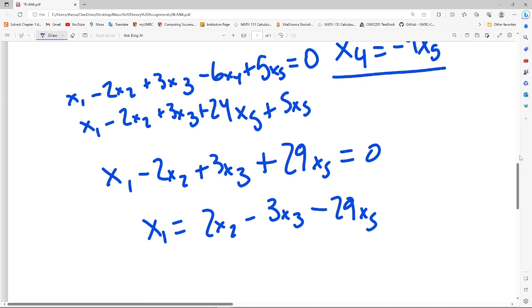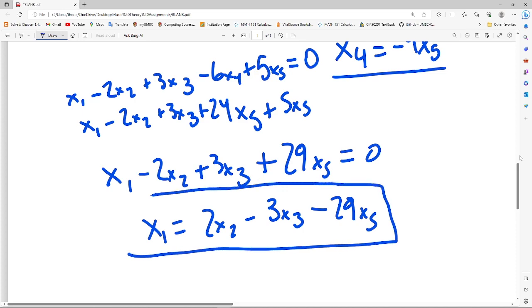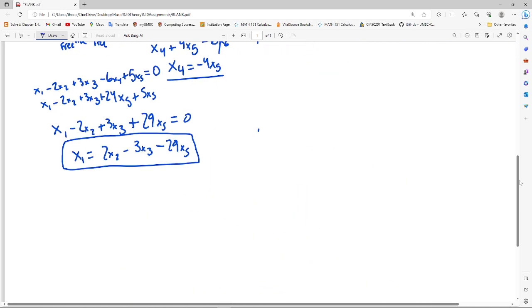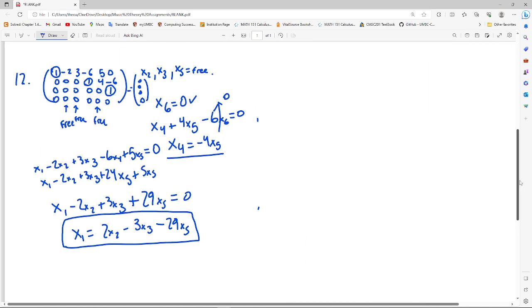So this is what we're going to get. So now what we're going to do is develop our final solution. We're going to set up a big matrix right here. So we have x1, x2, x3, x4, x5, x6. This is equal to, and we have to write down what we got for all of our values.